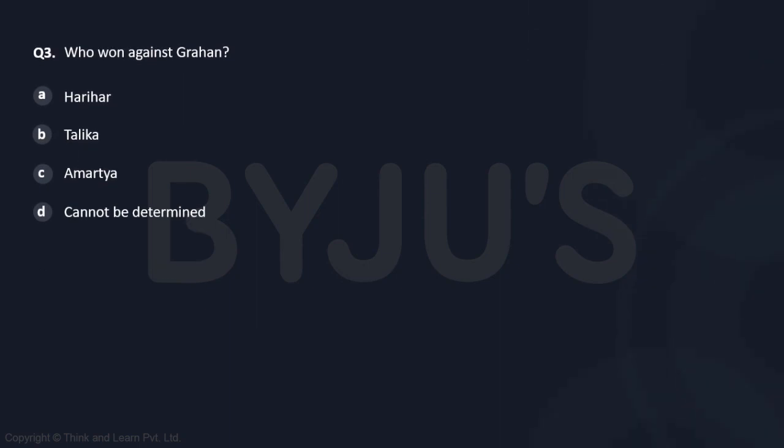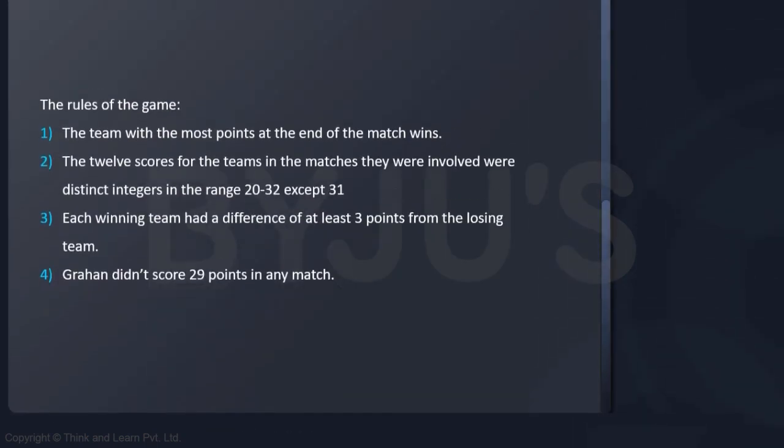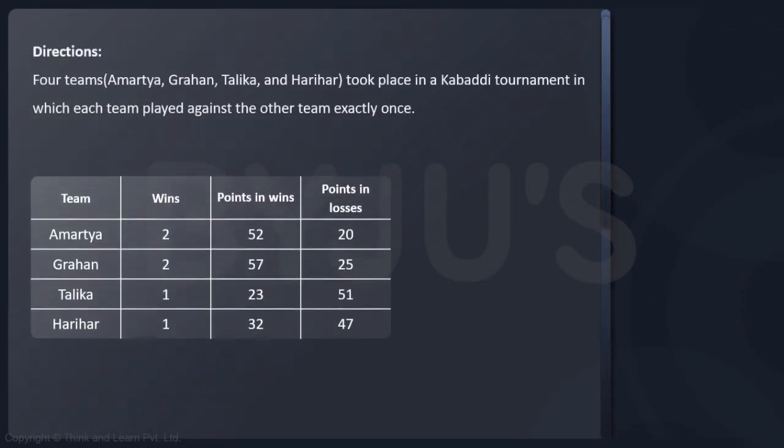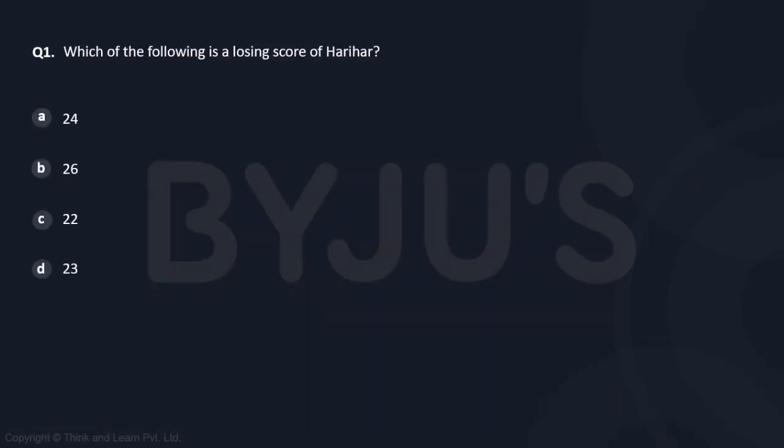Who won against Grahan? Let's quickly take a look. Grahan lost only one, 25, and Grahan lost against A. So A is your answer.